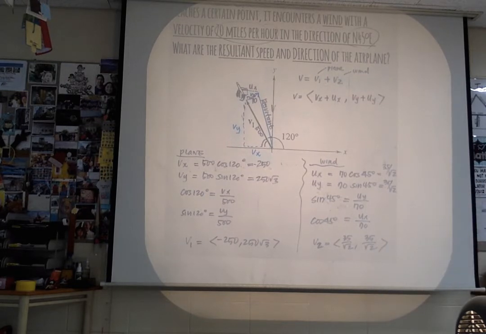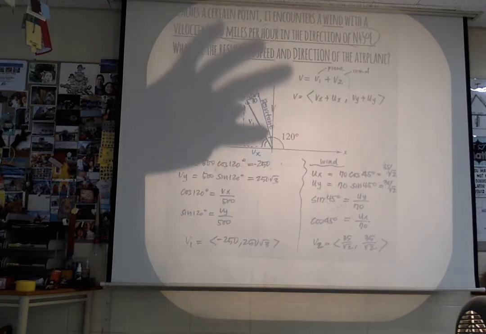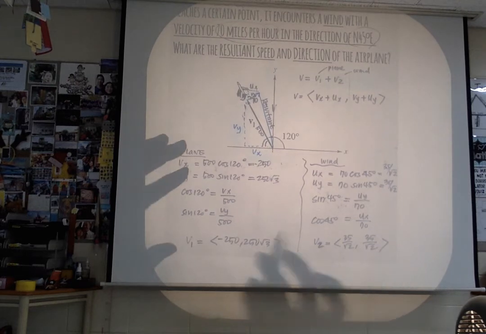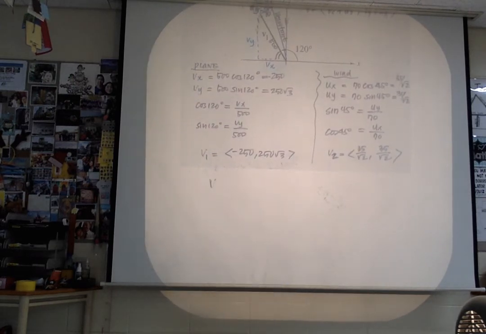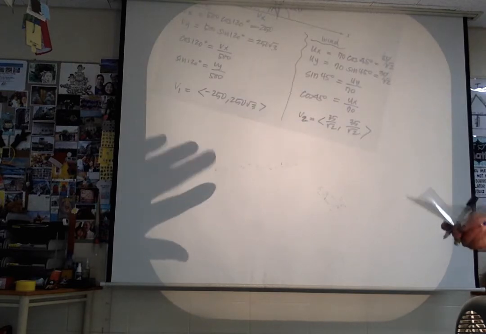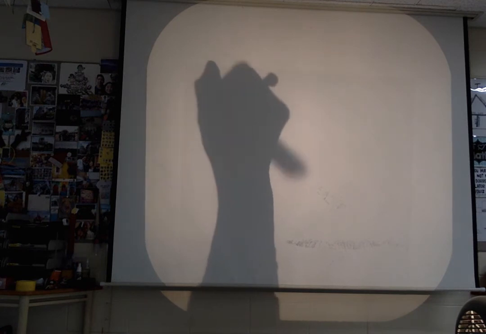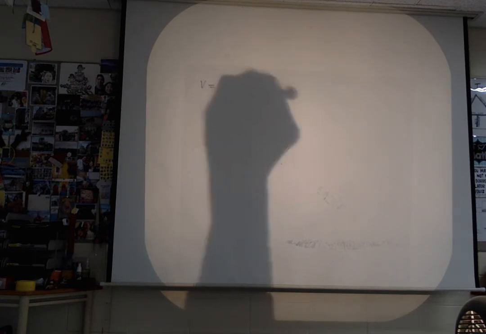Now it says here we have to add them together. That's how we get the resultant vector. So we add those together. I'm actually going to do it on a separate sheet, so make sure you go back to that. Our V is equal to V1 plus V2.